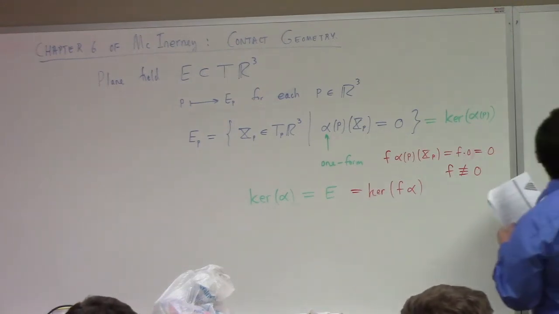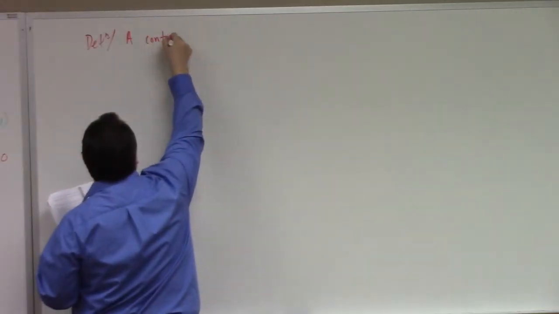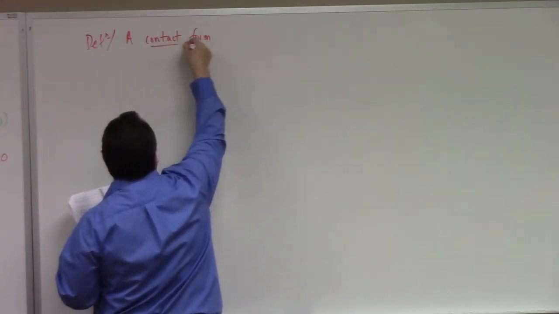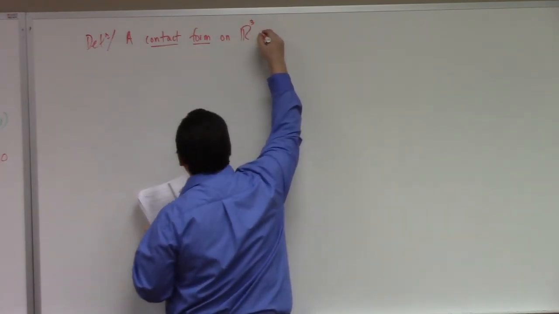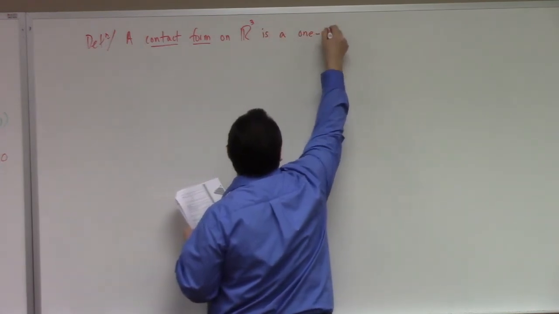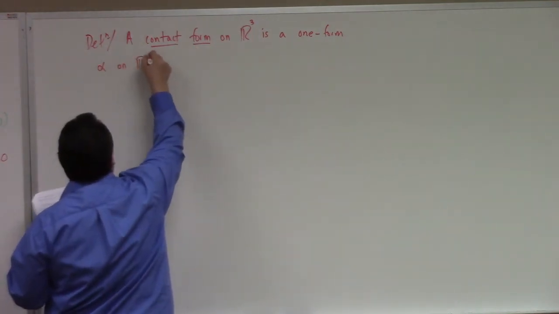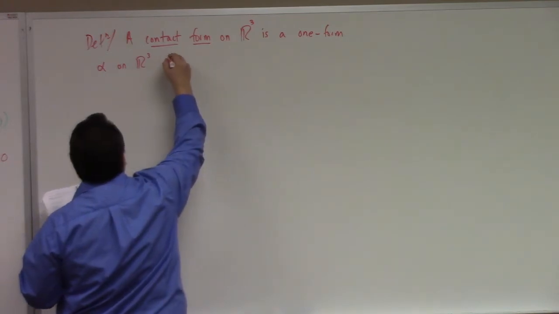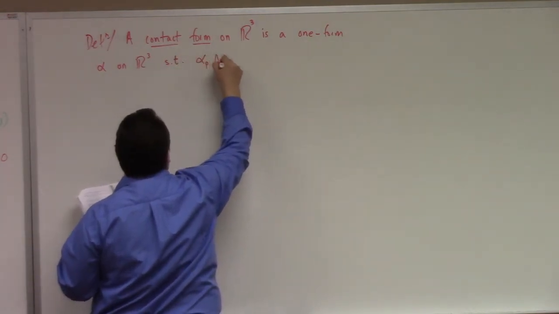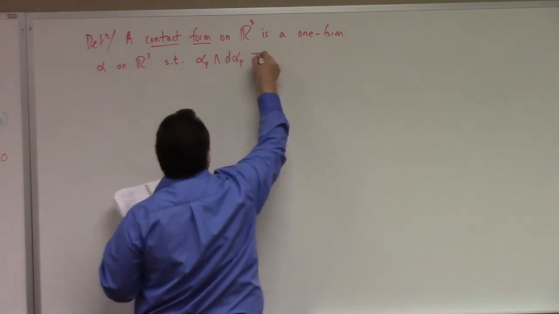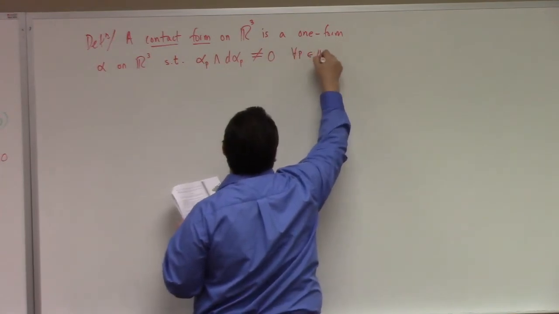So this gives us a definition. A contact form on R3 is a one form alpha on R3 that is non-degenerate, such that alpha sub p wedge d alpha sub p is not equal to 0 for all p in R3.